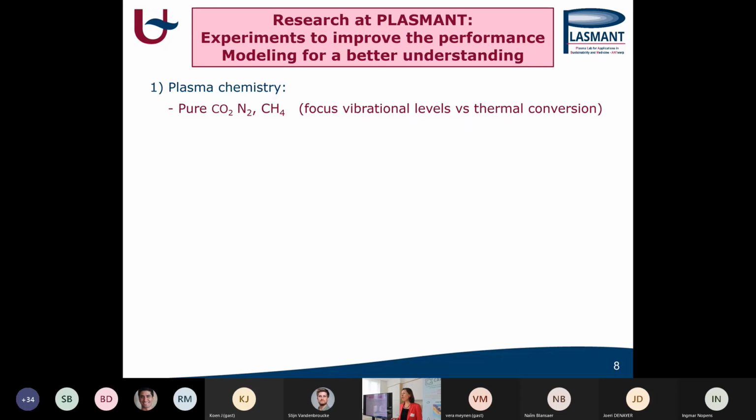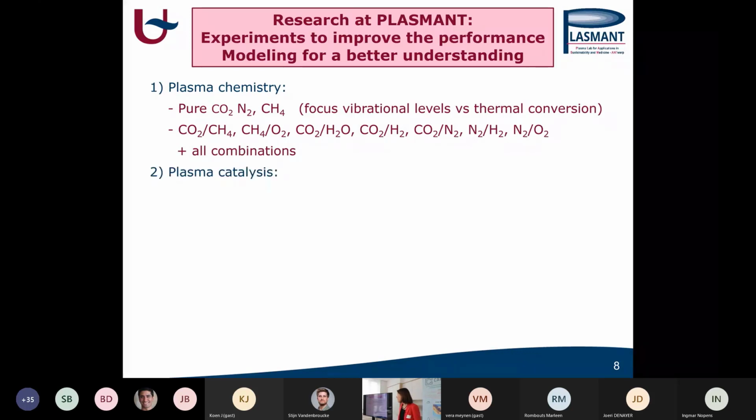We focus specifically on the role of the vibrational levels, because we found out that if the dissociation occurs through vibrational kinetics, this is the most efficient process. But we also look specifically at thermal conversion, because in many plasma types it turns out to be quite thermal as well. We also look at all combinations, as shown here.